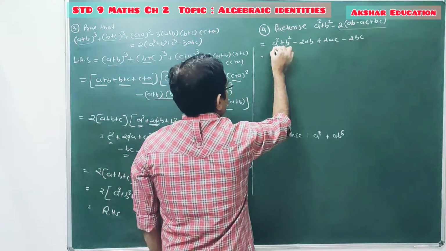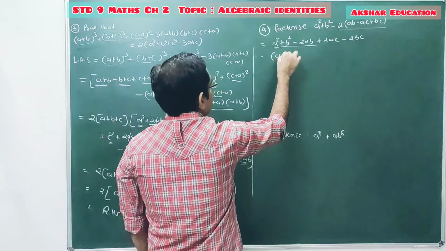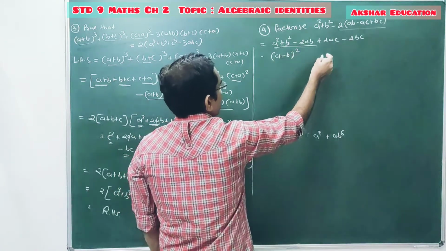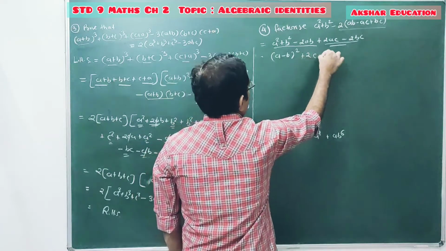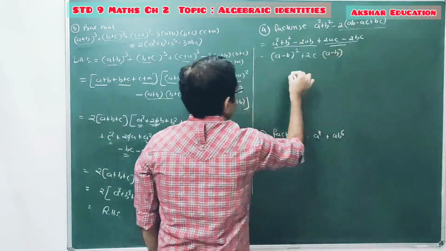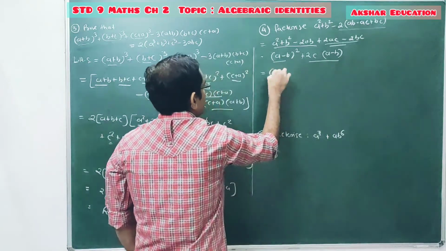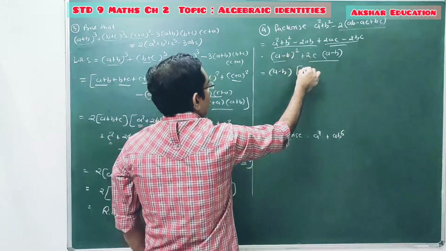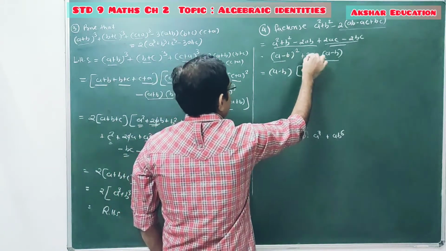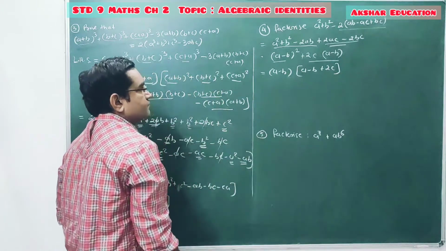So writing a square plus b square minus 2ab combinedly, which is nothing but a minus b whole square, and from these two terms we can take 2c common, so it's a minus b. This is again two terms, so here a minus b is the common term. Taking a minus b common, remaining terms are a minus b, and this one is 2c. This is the factorization. Done.